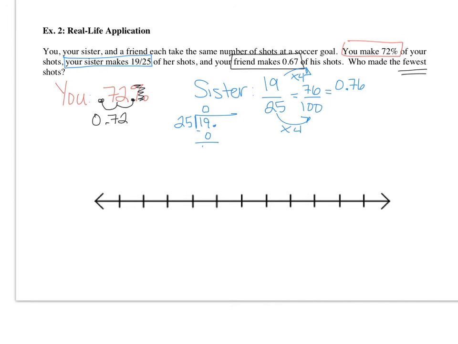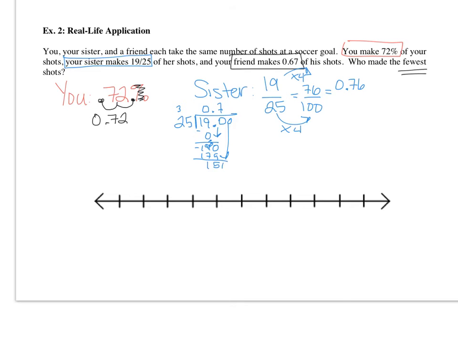25 does not go into 19, so we'll have 19, and we're going to drop a 0 down. 25 goes into 190 7 times. 7 times 25 is 175. Subtract that, and I get 15 because I have to borrow over here.